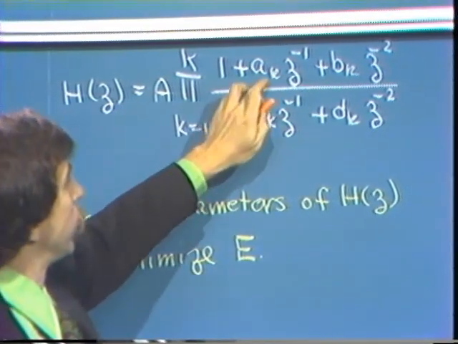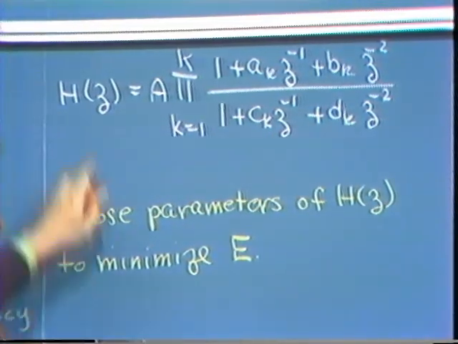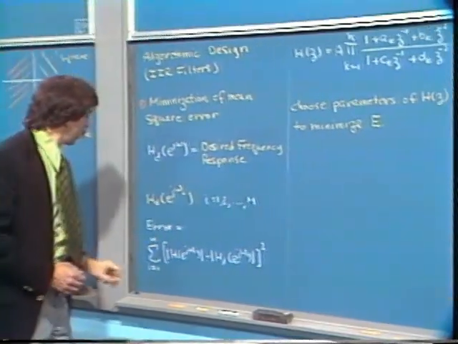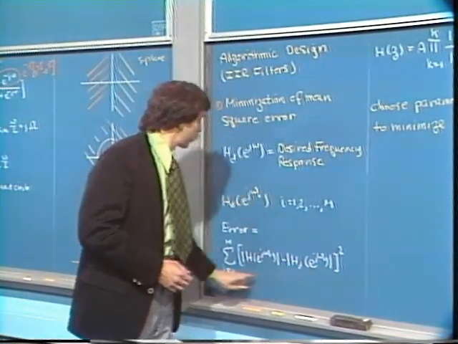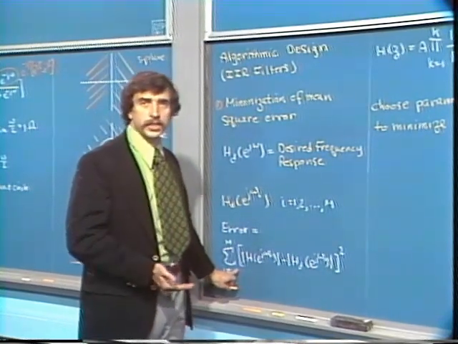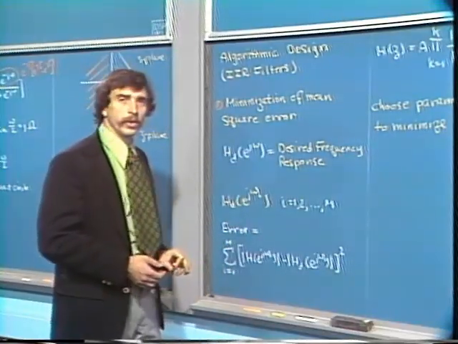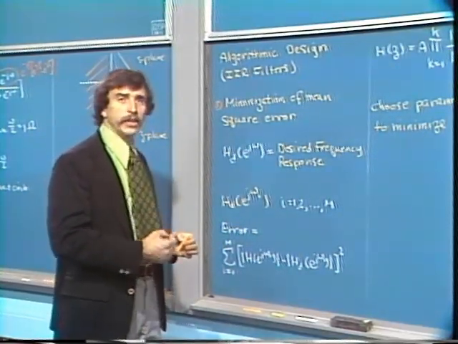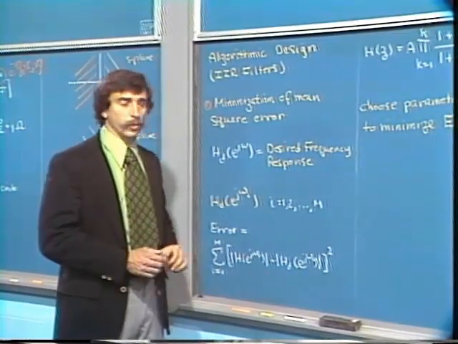We then have a set of coefficients which we need to solve for. We have a set of equations which result from minimizing this error function, and by solving that set of equations, what results are values for the parameters of the filter that we want to implement.